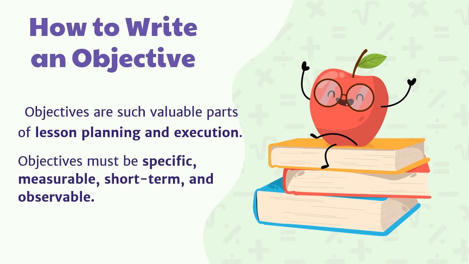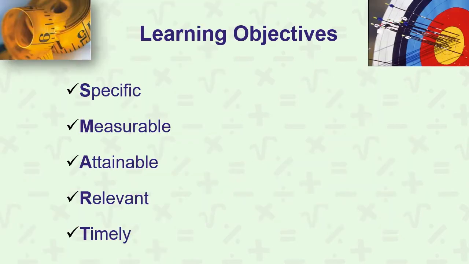Objectives must be specific, measurable, short-term, and observable. They should be specific, and you have to use a single key result, or a single action verb, not more than once.